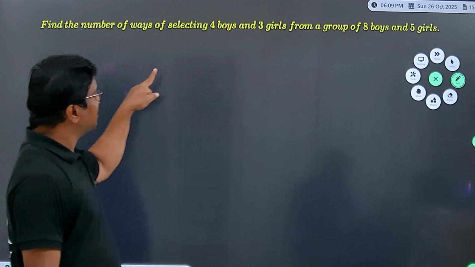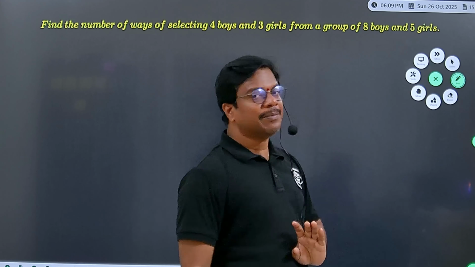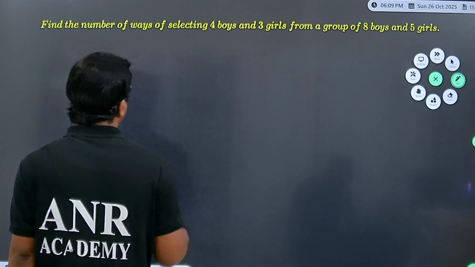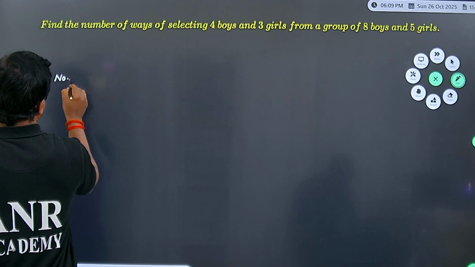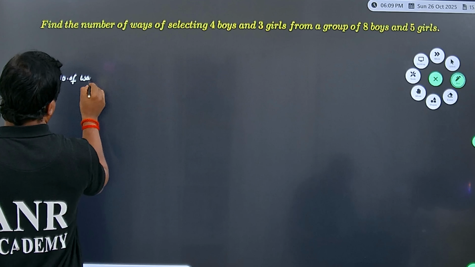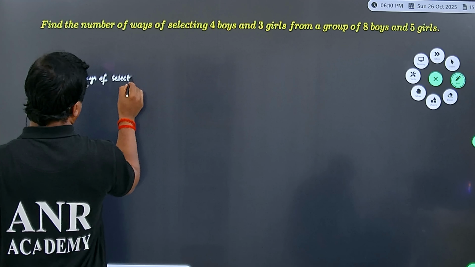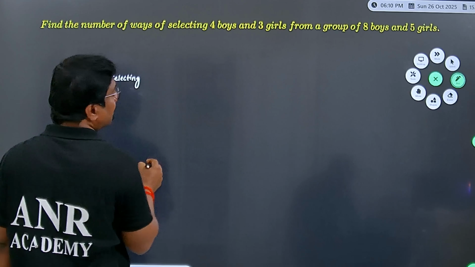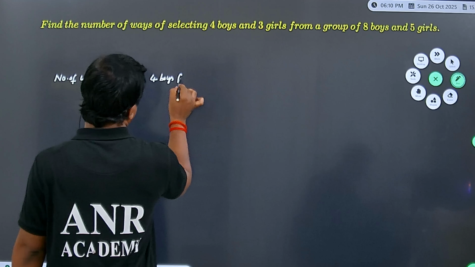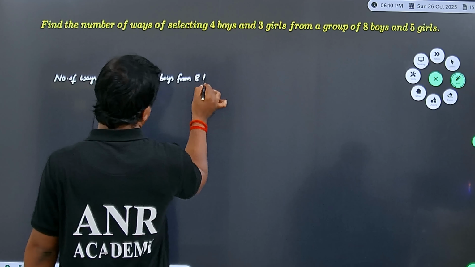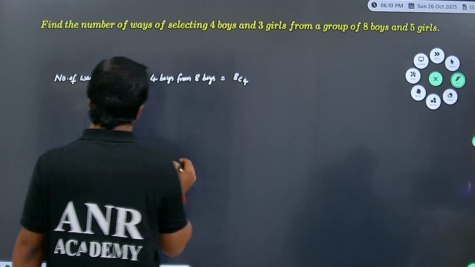Find the number of ways of selecting 4 boys and 3 girls from a group of 8 boys and 5 girls. Here, first I am going to write number of ways of selecting 4 boys from 8 boys, that is 8C4.